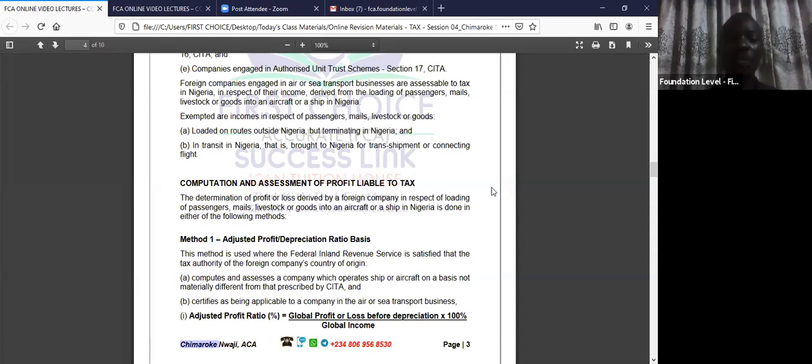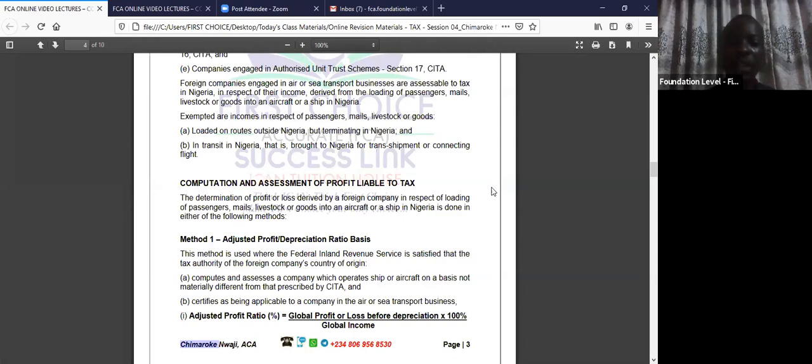When we add them together, we have what we call the gross income. That's one. Then we have the gross expenses. So we'll bring all the expenses together and get your total expenses. Then we get our gross net profit.